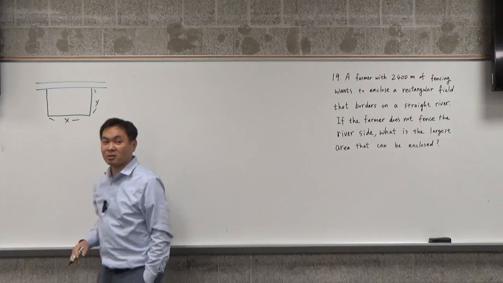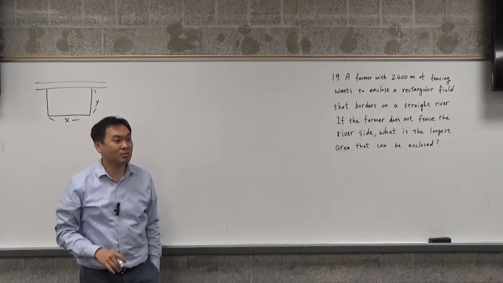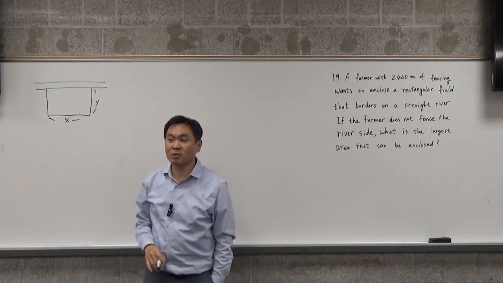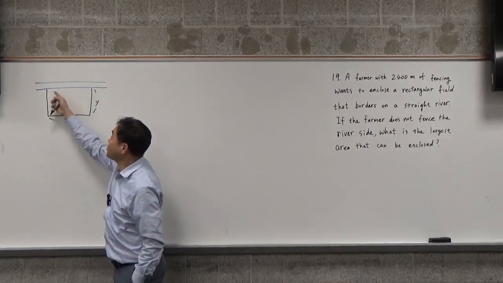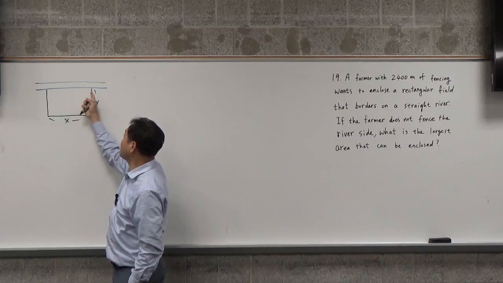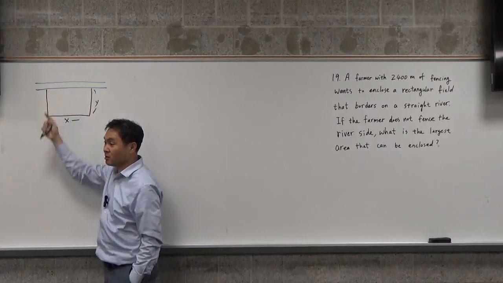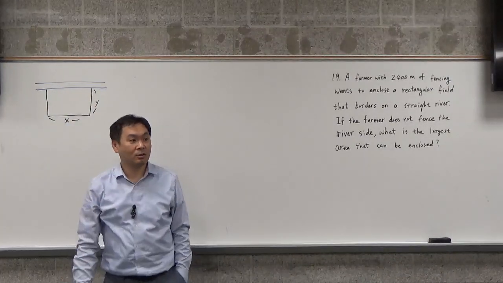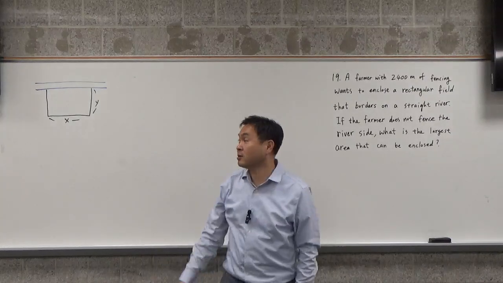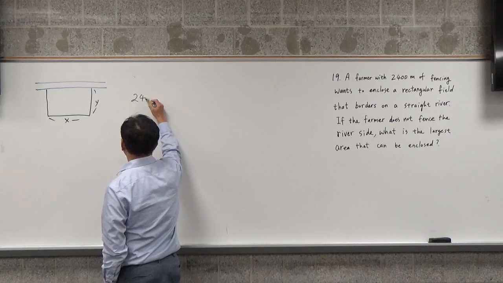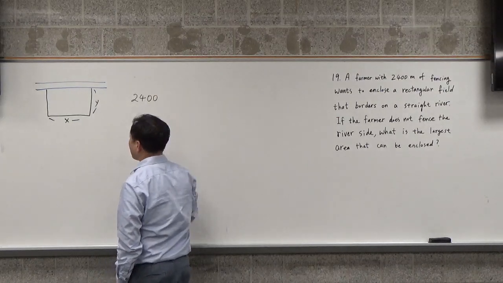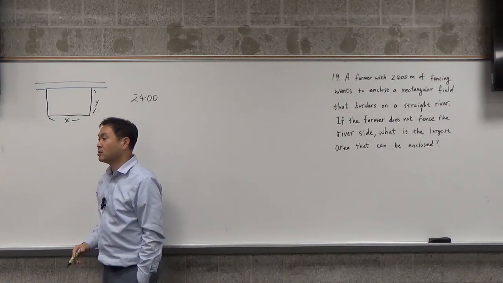Now, what should I do with 2,400 meters? 2,400 meters is the fence that you're using, right? You don't have to block this side. You're only trying to fence this much, right? So 2,400 equals to what, according to this picture? No, x times y gives you what?